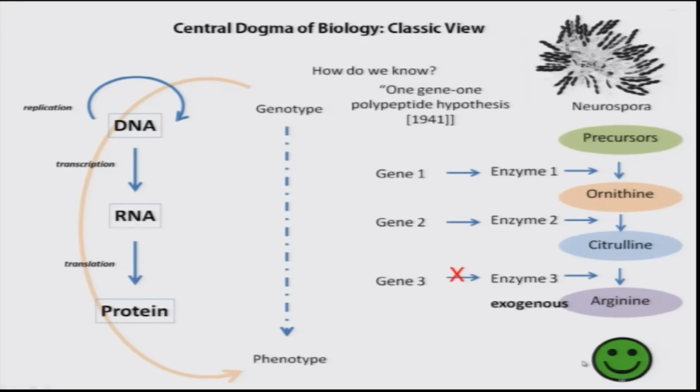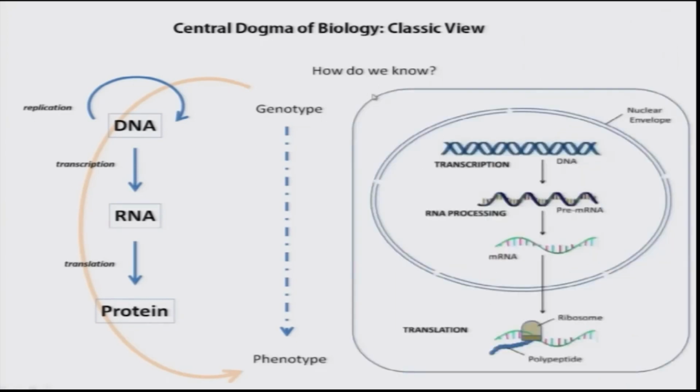So this hypothesis, which we now call the one gene, one polypeptide hypothesis, was proven by these experiments, and it led to the discovery that the metabolic pathways and other events that take place in our cell and body are regulated by genes.